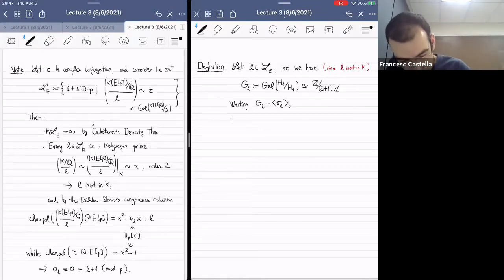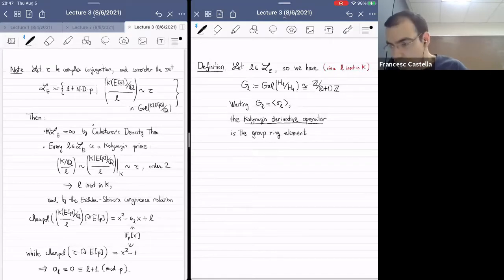And now we define the Kolyvagin derivative operator. It is the following group ring element, denoted D_L, and is the sum from i equal to 1 up to L of i times this generator raised to the i-th power.